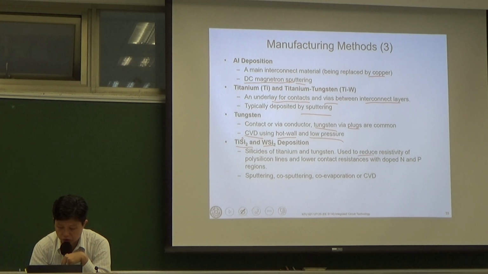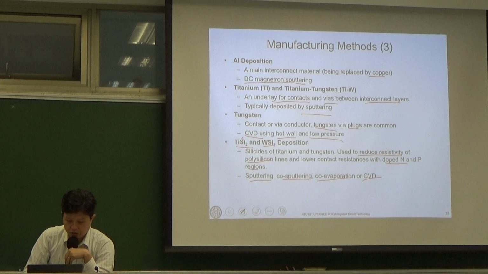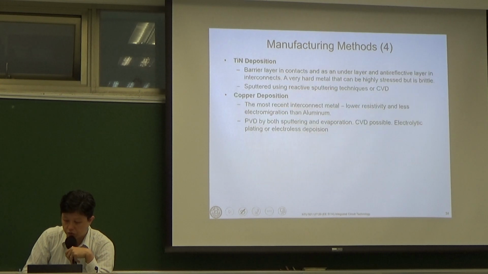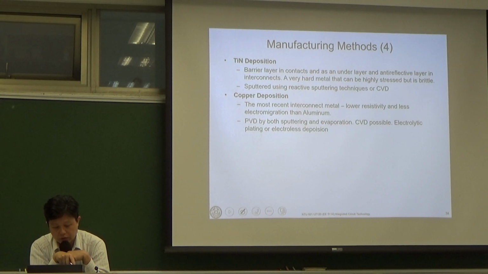And can you reduce the resistivity of polysilicon? With doped P regions, and use sputtering or co-sputtering, co-evaporation or CVD. I don't think you need to memorize this, because once you go to the foundry, you know that usually there are other more advanced technologies that you use.